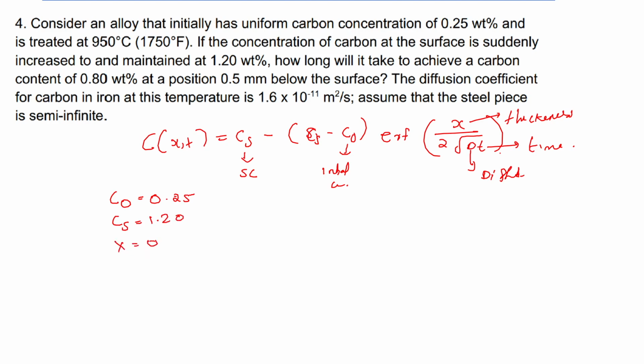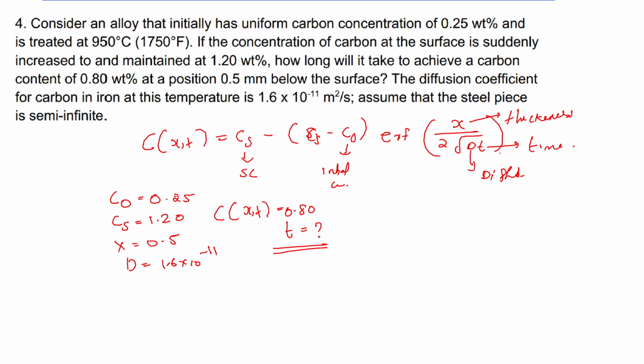The thickness is given as 0.5, and D value is also given, 1.6 times 10 to the power minus 11, and C of x,t is also given, 0.80 weight percentage. Now you have to calculate the value of t, so you have to use the above formula.